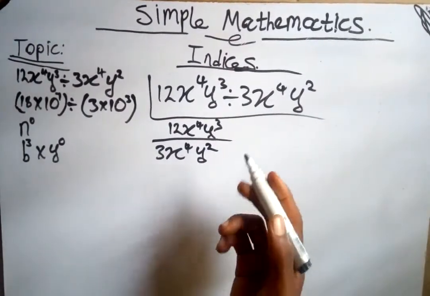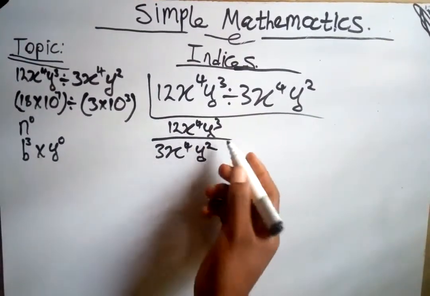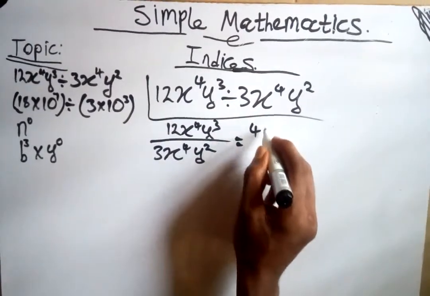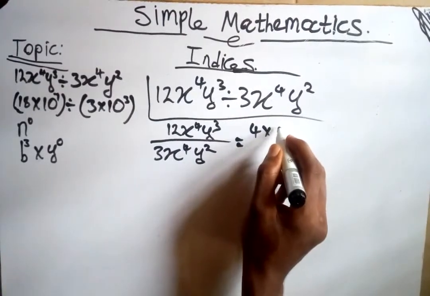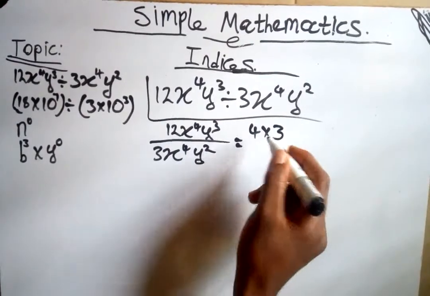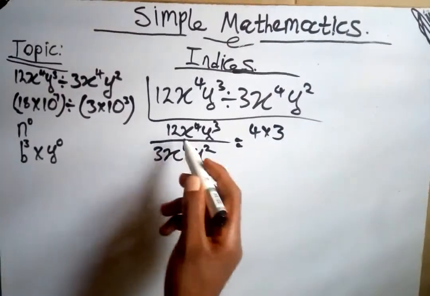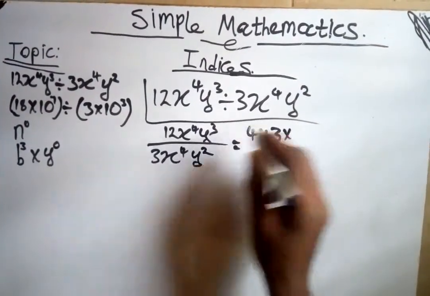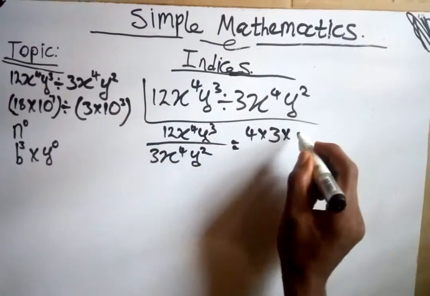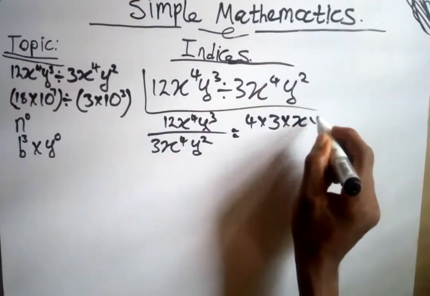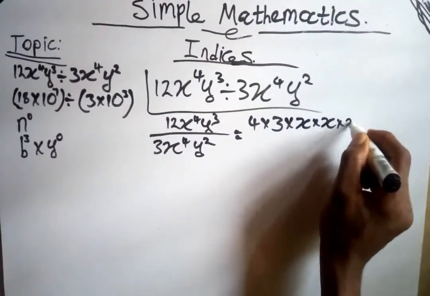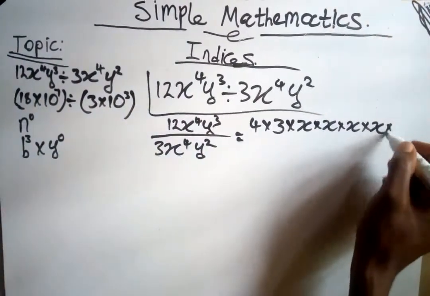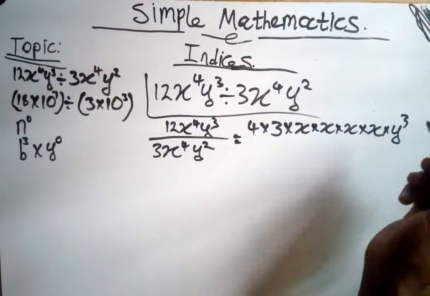So from here we can say this is also equal to 4 times 3, because 4 times 3 gives us 12, then multiplied by x raised to the power of 4, which is also written as x times x times x times x, and let's leave y as 3 for now.